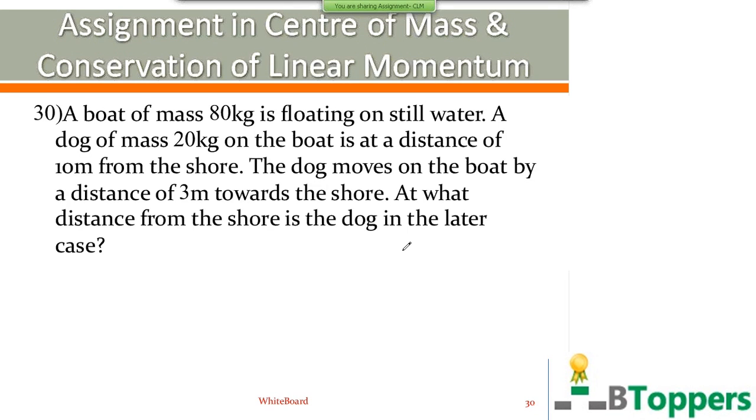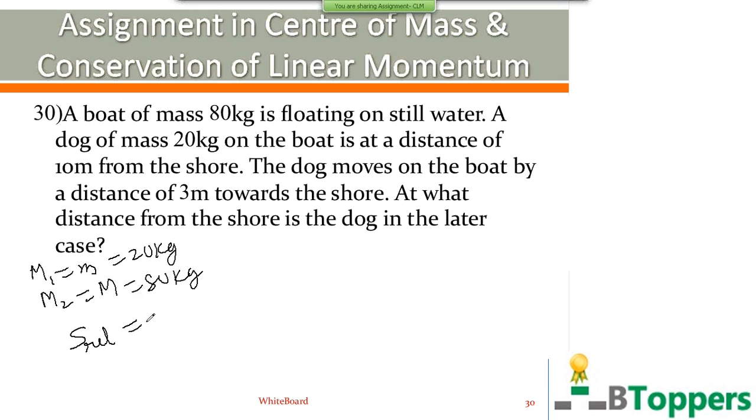So here also the mass of the body which moves on the boat we denote by M1, that is small m equal to 20 kg. The mass of the boat is denoted by M2 or capital M equal to 80 kg. Instead of a man, you are given a dog here.